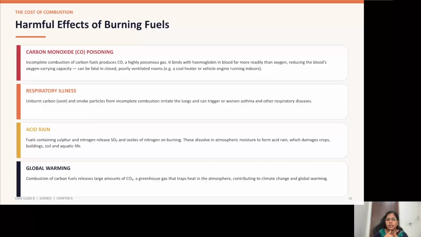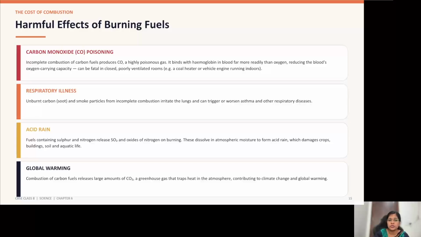When we breathe it in, it combines with hemoglobin about 200 times more readily than oxygen does, and it doesn't allow the oxygen to be taken in. So what happens? Finally it will lead to death.